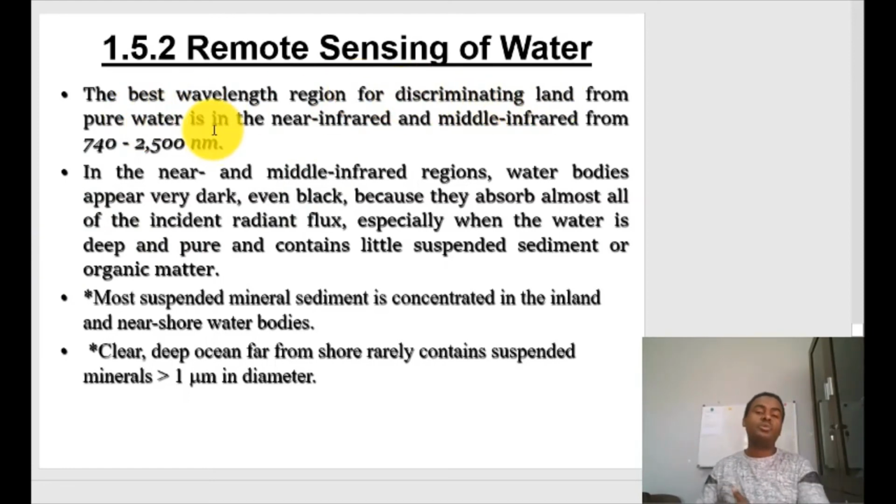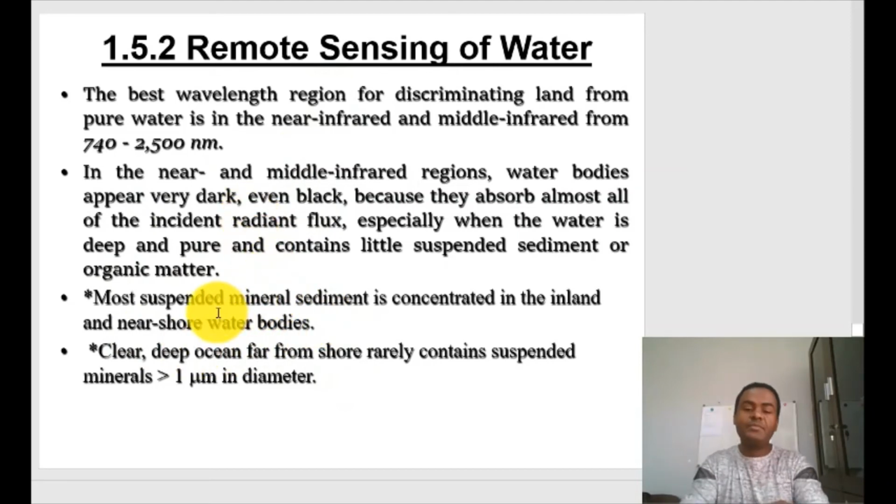This will help you demarcate the water bodies and analyze their temporal changes. For example, Abaya, Chamo, Lake Tana, Lake Hawassa, Lake Zowai. If you want to know the temporal changes of these water bodies, you need to know which wavelength region is best to use.